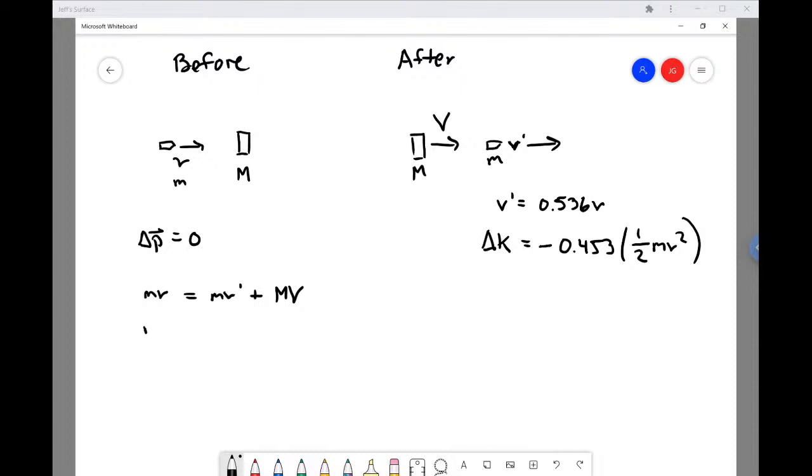We'd have little m, little v equals 0.536 little m, little v plus big M, big V. Let's subtract the 0.536 little m, little v from both sides, and we'll get 0.464 little m, little v equals big M, big V. Okay? I'll write that a little nicer.